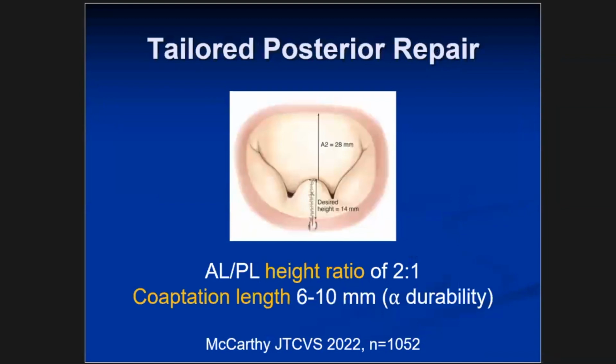So the idea of the tailored repair, if you look at it, and this is data from Dr. McCarthy from Northwestern University, a series of over 1,000 patients: we want to end up with an anterior-posterior A2P2 height ratio of 2 to 1 and a coaptation length of 6 to 10 millimeters, because that length of coaptation is related to the durability of the repair.